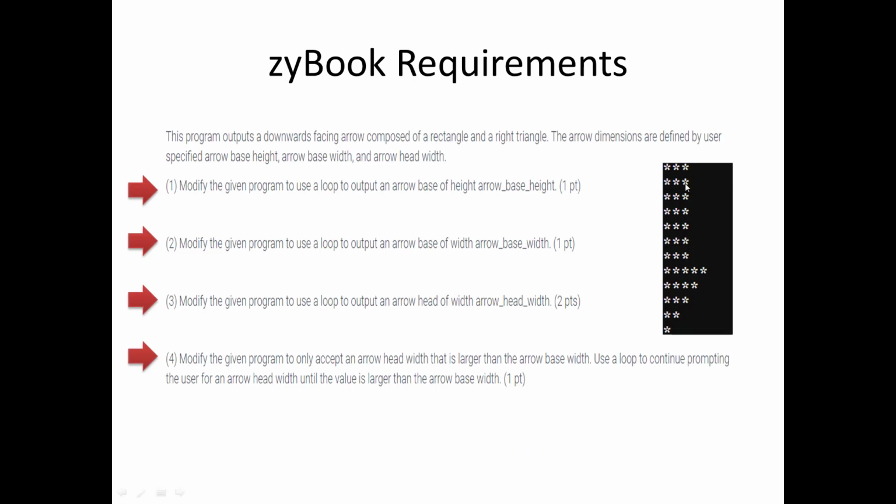So we, in the first part of the program, print the base. Then we start out in our loop for the head, printing it equal to the number of stars that the user told us that the arrow would be, and then we keep decrementing by 1 until we get down to the very bottom of the arrow.